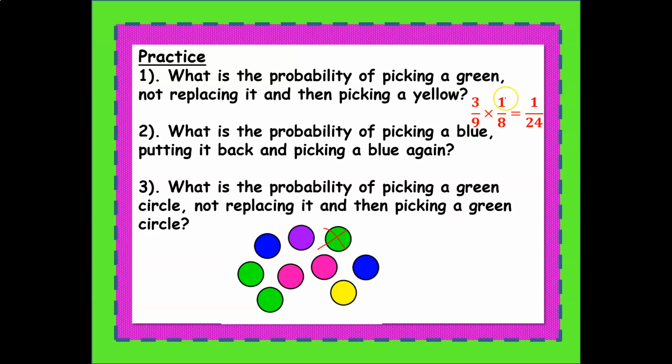So we end up with 3 over 72, which equals 1/24.